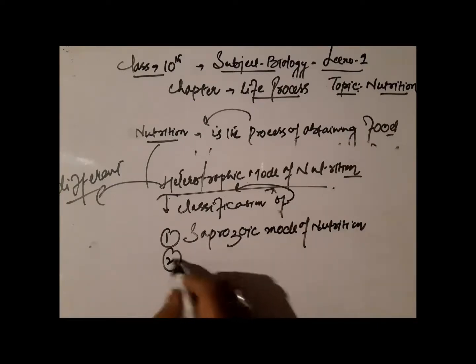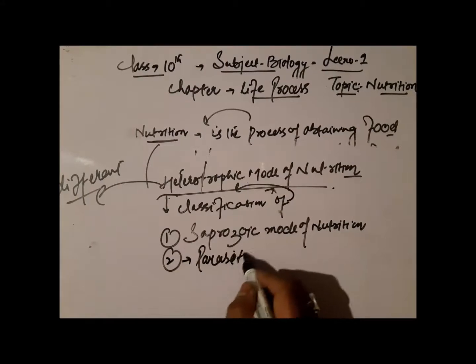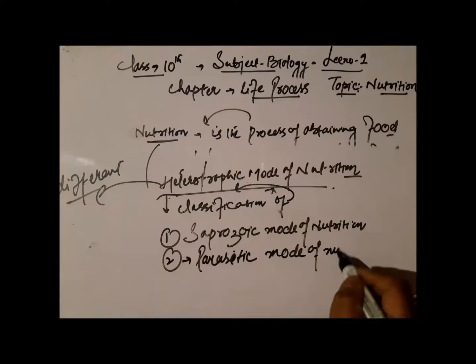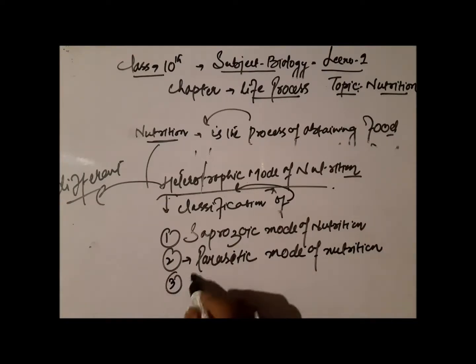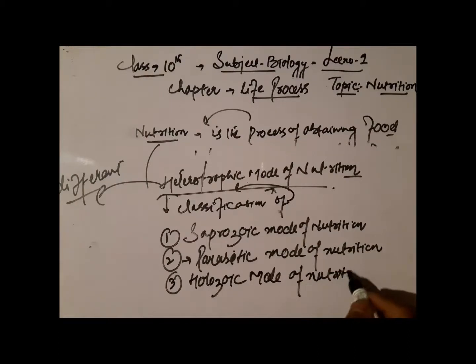Number two is parasitic mode of nutrition. Number three is holozoic mode of nutrition. These were the three types of heterotrophic mode of nutrition. Let's discuss these one by one.